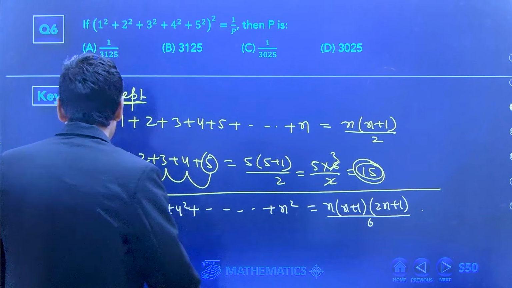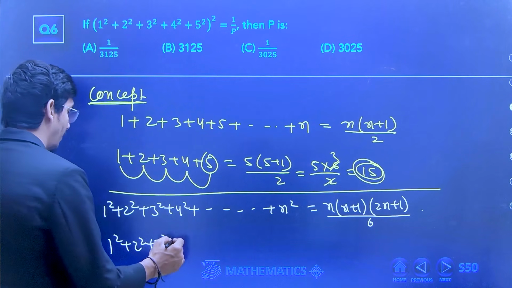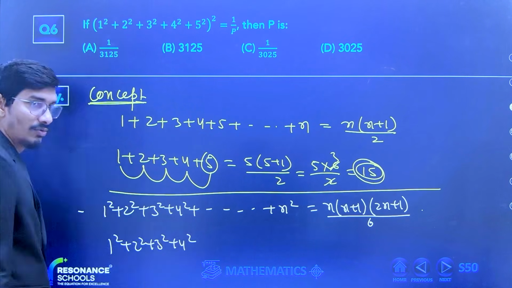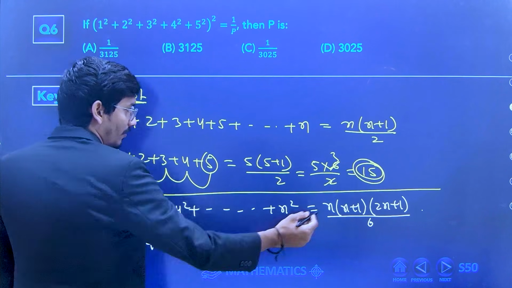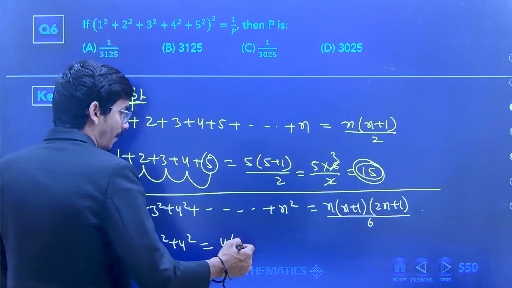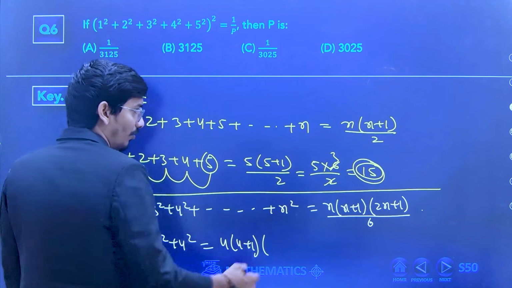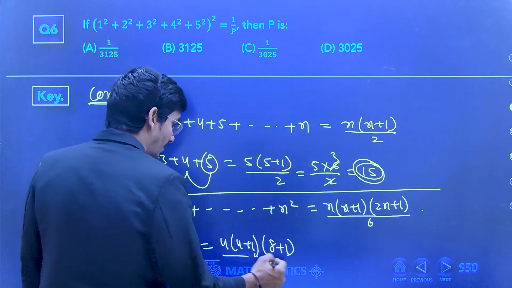So if we check this formula, I am writing some numbers: 1 square plus 2 square plus 3 square plus 4 square. So the total number of terms is what? 4. It means n equals 4. So when you substitute n equals 4, we get 4 into (4 plus 1) into (2 times 4 plus 1), which means 8 plus 1, divided by 6.